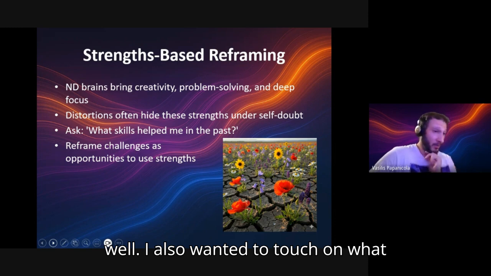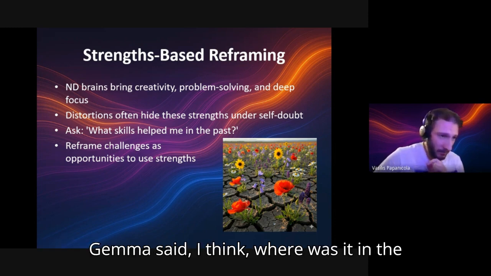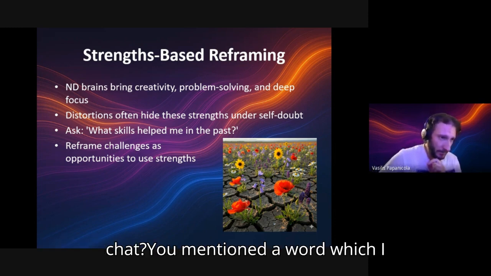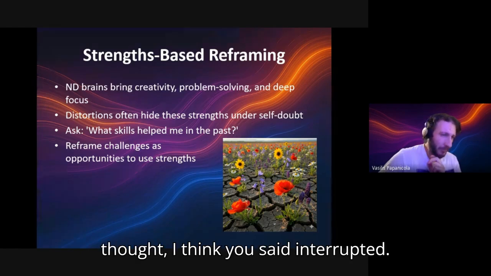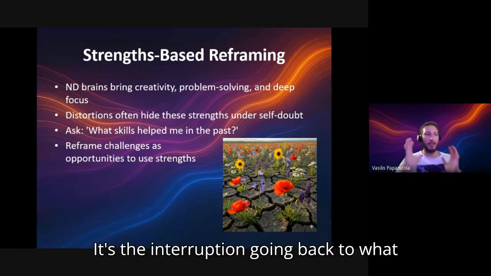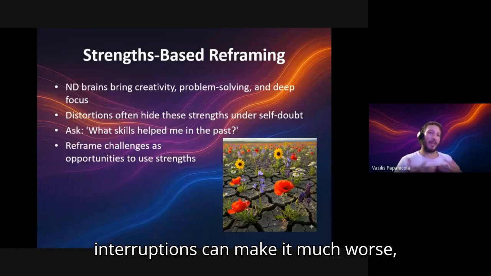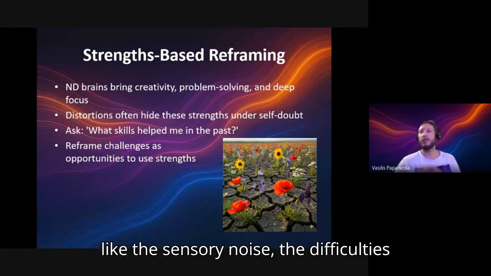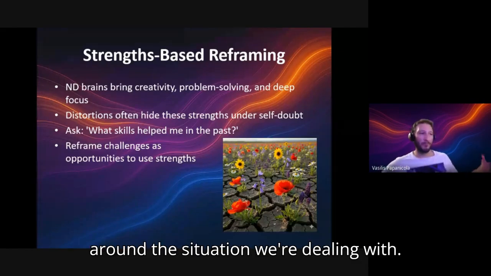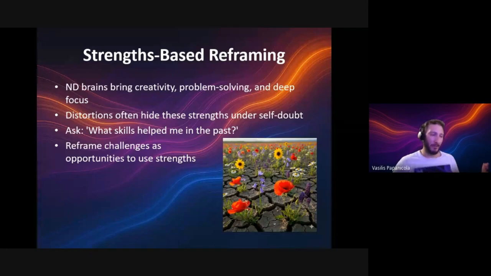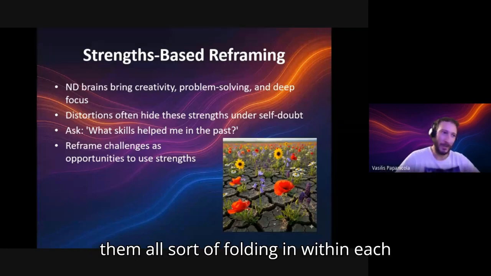I also wanted to touch on what Gemma said. I think, where was it in the chat? You mentioned a word which I think you said, interrupted. It's the interruption, going back to what we were talking about before. These interruptions can make it much worse, like the sensory noise, the difficulties around the situation we're dealing with, them all sort of folding in within each other.